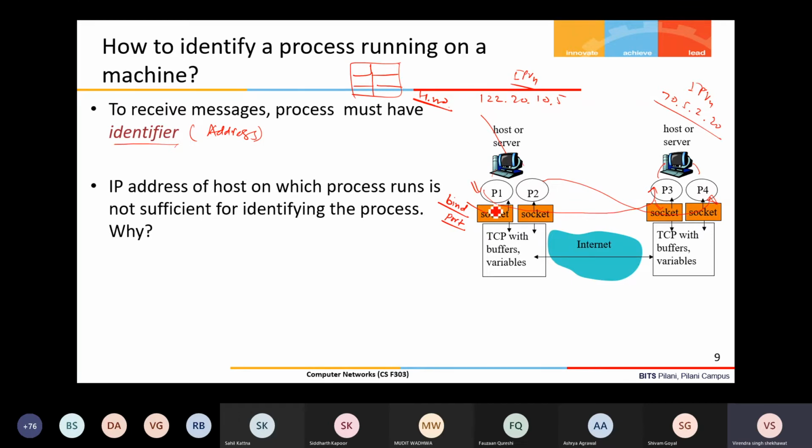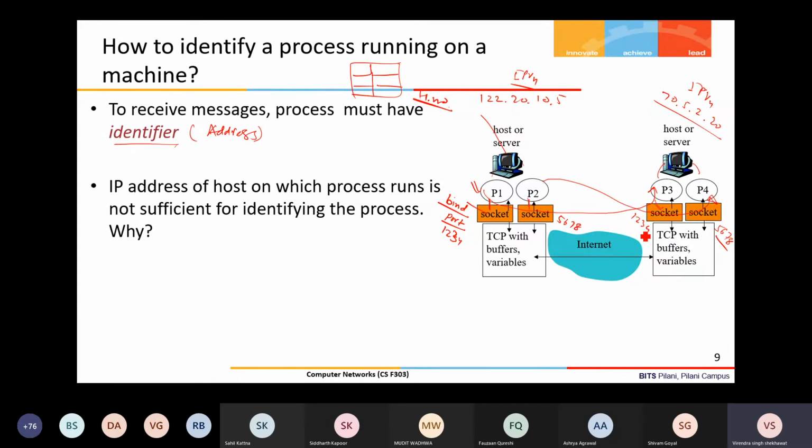So now you know that process P1 is bound to this port through this socket, and P2 is bound to another, say ports 1, 2, 3, 4 for this and 5, 6, 7, 8 for that. Here also 1, 2, 3, 4 and 5, 6, 7, 8 can be used, because these two machines are not talking to each other.